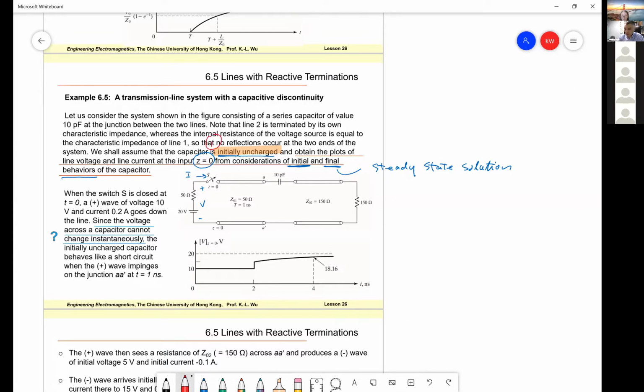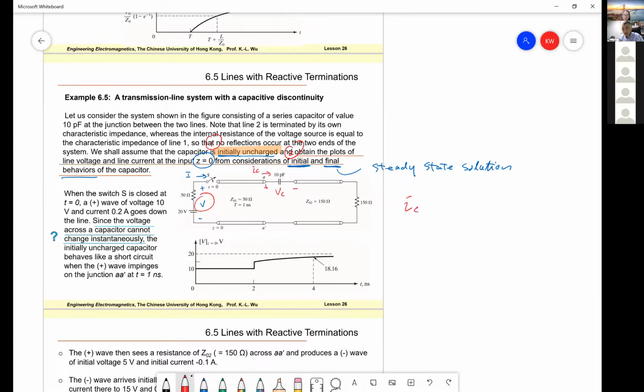The second suggestion is to use the initial and the final behavior of the capacitor to determine this voltage. Now, let's recall the definition of capacitance. If we have a voltage, we have a current.